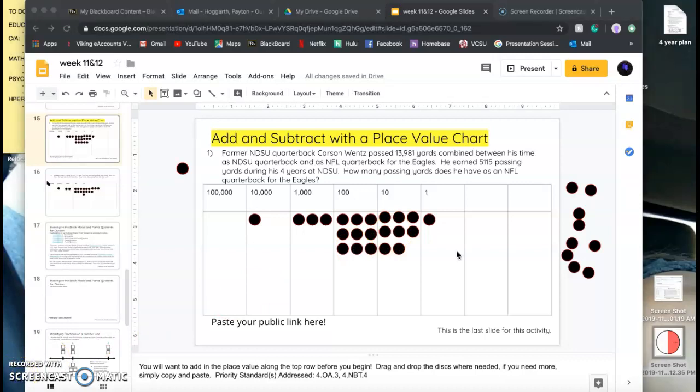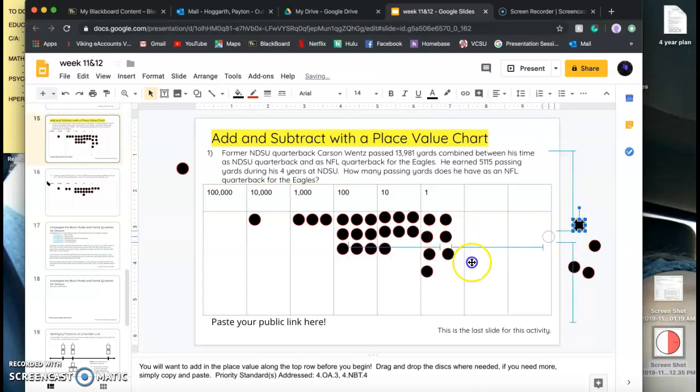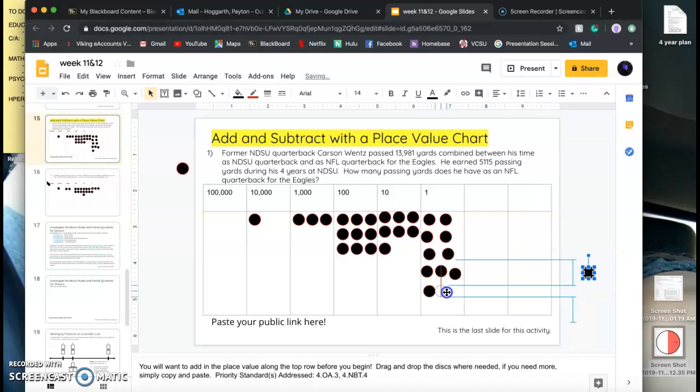So when I try to take 5 away from the ones, I can't do that. So what I have to do is take 1 away from the tens, and add it to the ones. If I add 10 ones to 1, that will give me 11. So I have 2, 3, 4, 5, 6, 7, 8, 9, 10, 11.